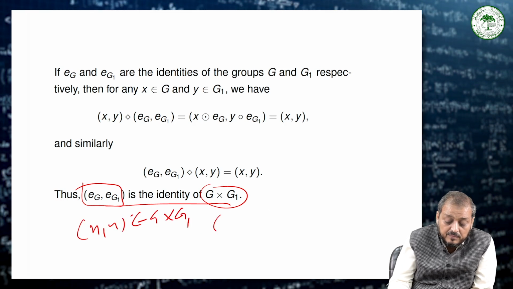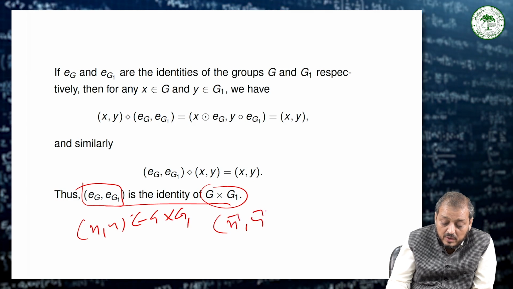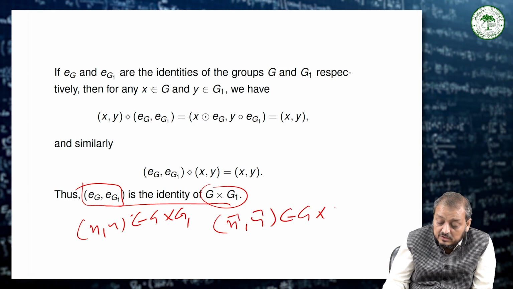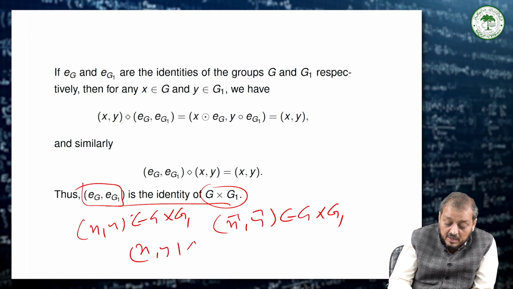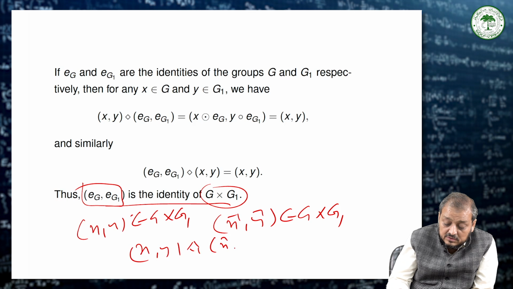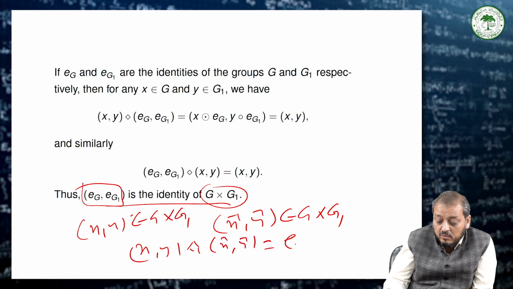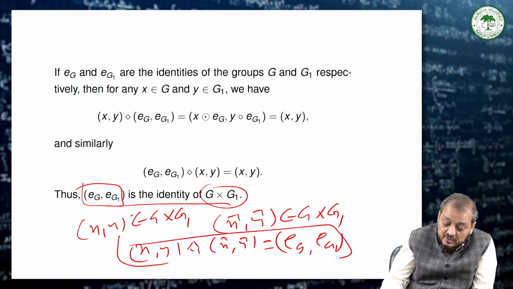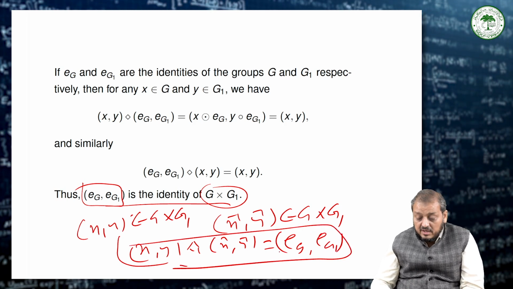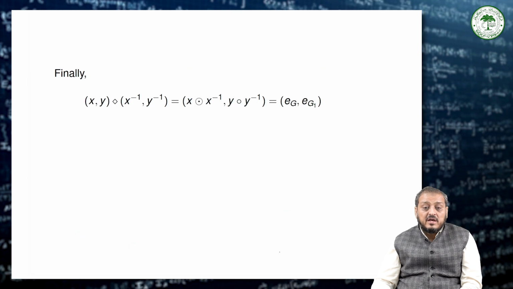Then there exists (x inverse, y inverse), also an element of G cross G1, such that (x, y) diamond (x inverse, y inverse) should be equal to the identity of G and the identity of G1. If we succeed in proving this, then we can say that inverses exist.